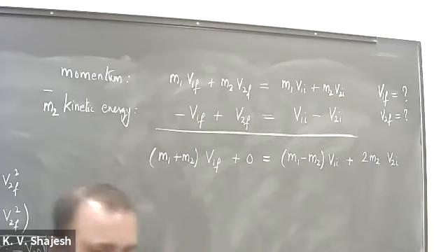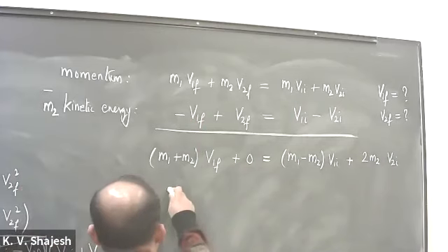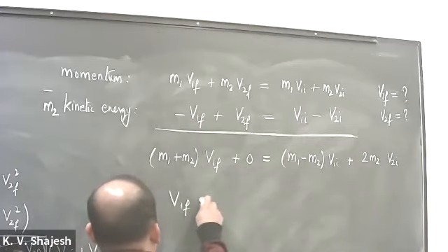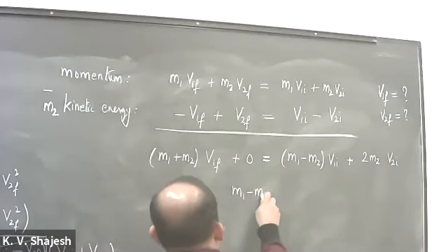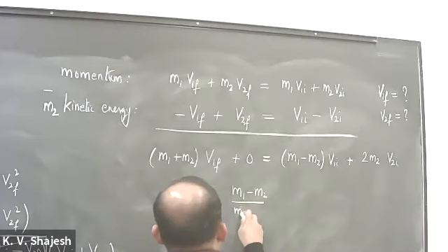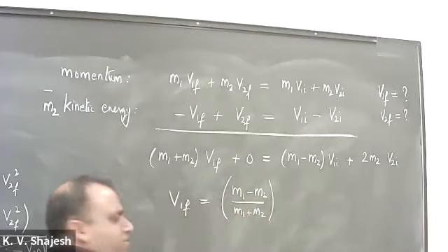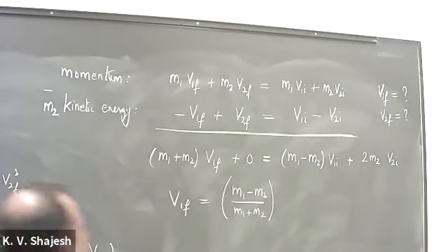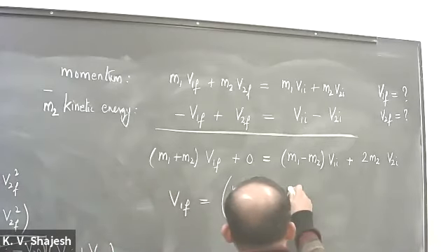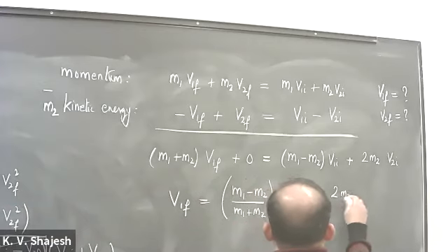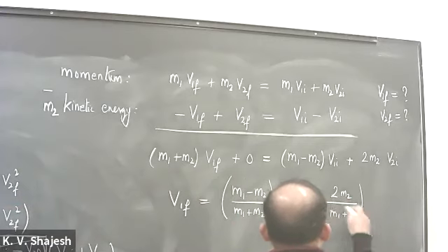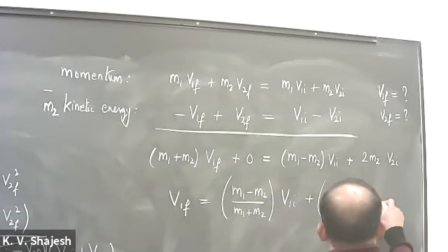So I get my expression for v1 final as, I divide this out, m1 minus m2 divided by m1 plus m2 times v1 initial plus 2 times m2 over m1 plus m2 times v2 initial. I'm keeping this very general, but when we have the numbers, we can just put in the numbers. It's much easier.